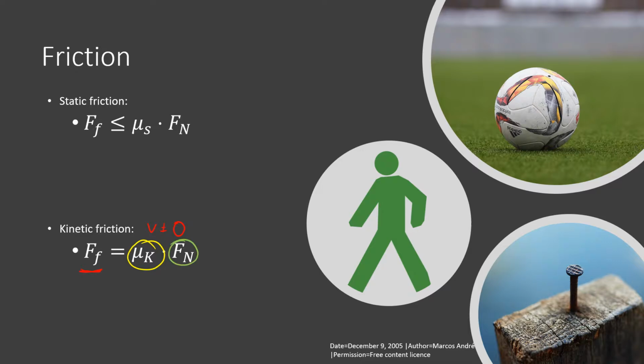Imagine the example from before. We have a body on a flat, horizontal surface, and it is moving to the left. So it is slipping on this surface. And we'd like to know what kind of force we have to apply in order to keep the body moving at a constant speed.